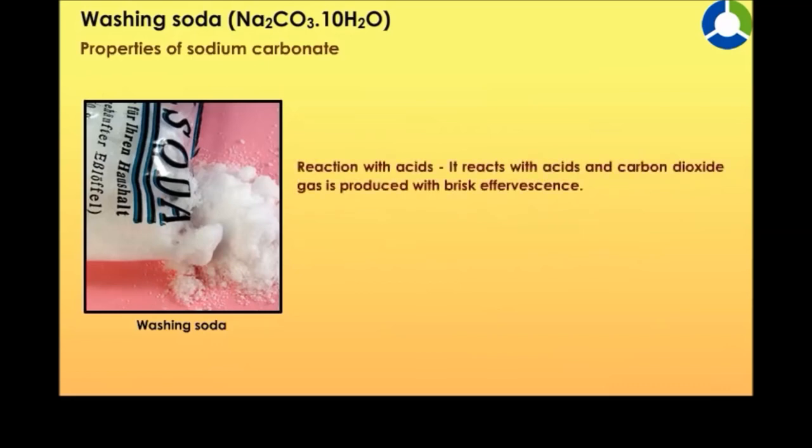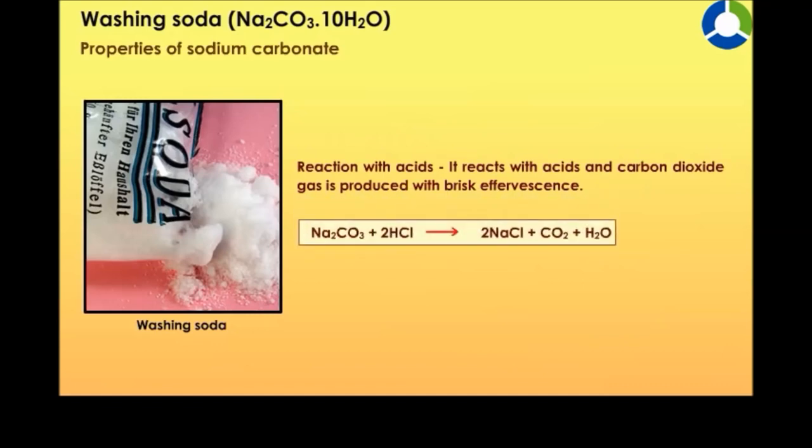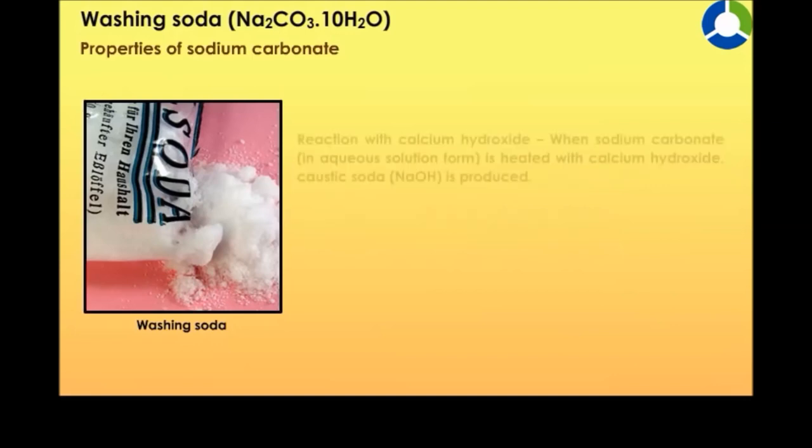It reacts with acids and carbon dioxide gas is produced with brisk effervescence. Na2CO3, sodium carbonate, plus 2HCl, hydrochloric acid, gives 2NaCl, sodium chloride, plus carbon dioxide CO2 plus H2O, water.